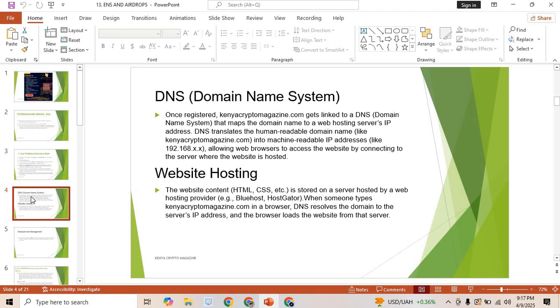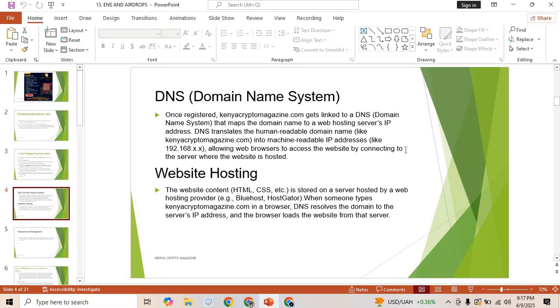So the DNS, domain name system, once registered, this is the third step. Once registered, Kenya Crypto Magazine gets linked to a DNS name system that maps the domain name to the web hosting server IP address. So the DNS translates the human readable domain name like Kenya Crypto Magazine into a machine readable IP address like what you are seeing right now, allowing browsers to access the website by connecting to the server where the website is hosted.